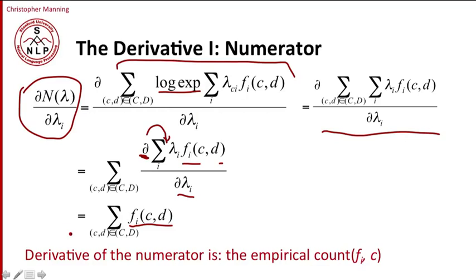So by summing that up, we get the numerator. And the thing to notice here is that the numerator actually has a very simple and intuitive form. So what this is calculating is precisely the empirical count of feature f_i. The derivative of the numerator is just this empirical count.